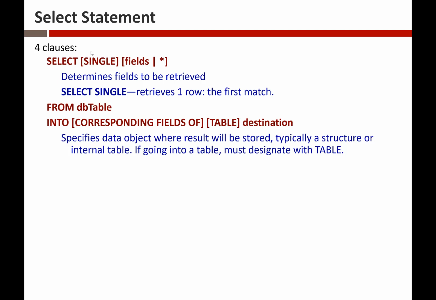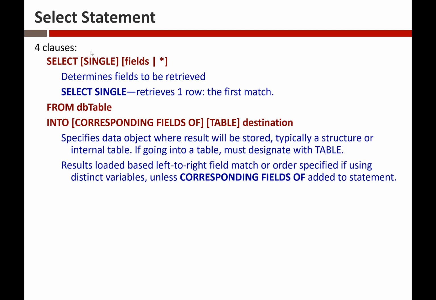Maybe I'm not retrieving the entire table, so we might see something like select first name, last name from person table into corresponding fields of table, my internal table, or something to that effect. So this reference to the word table here is associated with using an internal table for the result set.